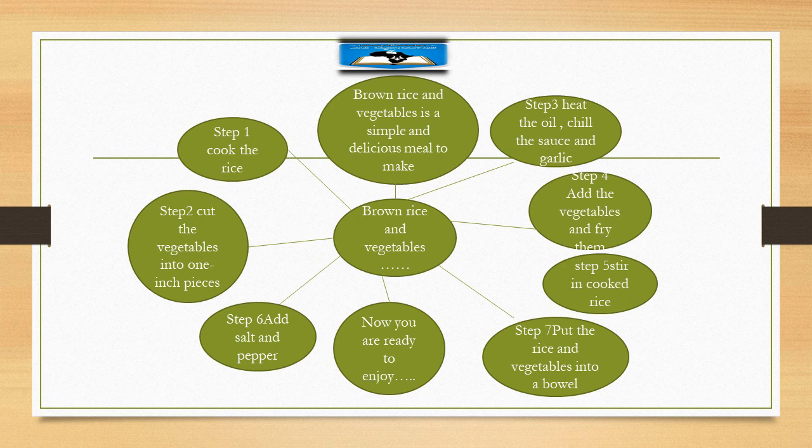Here as we analyze it, we can see step 1, step 2, we have about 7 steps actually for the previous paragraph, for the brown rice and vegetables, okay? This is how we can do such planning before you start the actual paragraph, and I do recommend that you do such planning before you write. Here you can brainstorm and put your ideas, and then you can write them in a very organized paragraph.